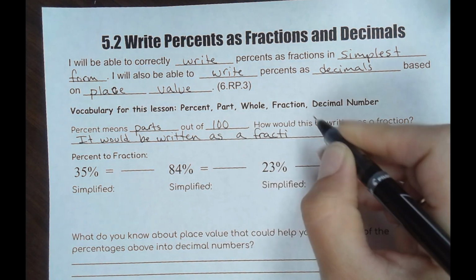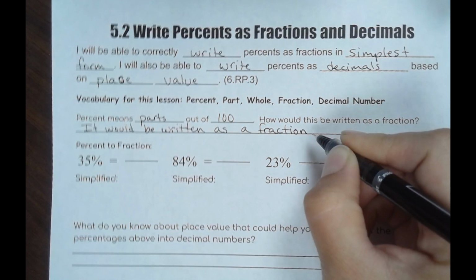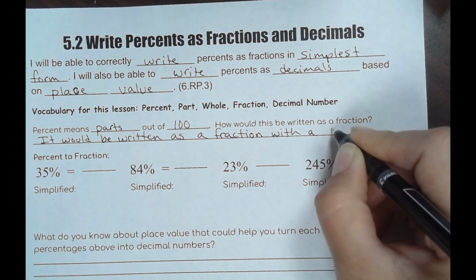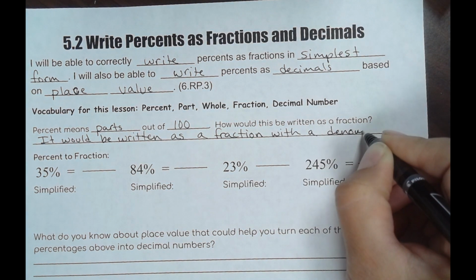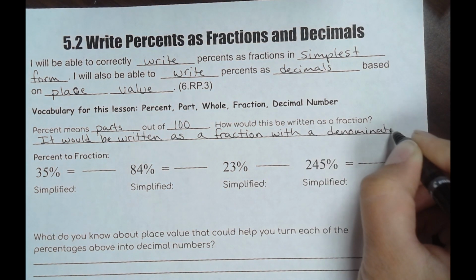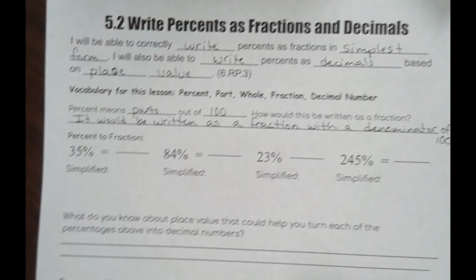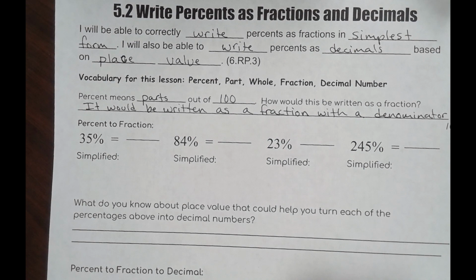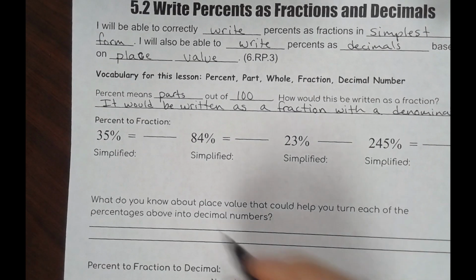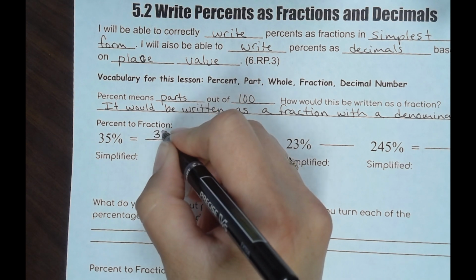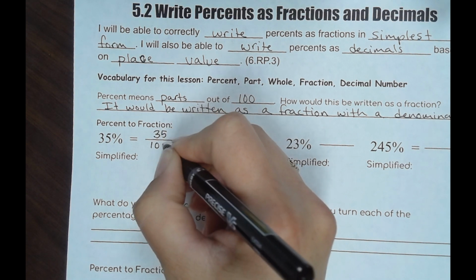To be better, let's say a fraction with a denominator of 100. So, how could we write 35% as a fraction? Well, we got 35 out of 100, so we're going to write 35 over 100.